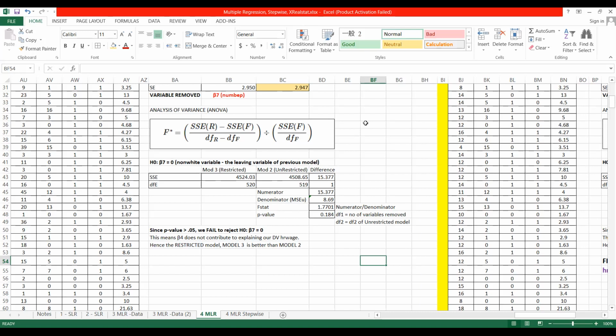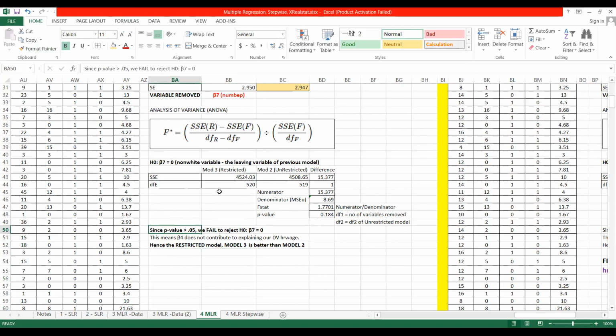We would like to choose a parsimonious model. Pag sinabing parsimonious model, as much as possible, mas konti yung independent variables natin. Okay? So the restricted model, model 3, is better than model 2. Bakit?